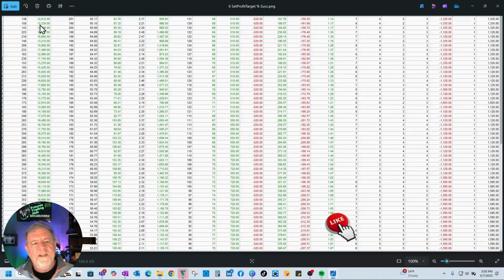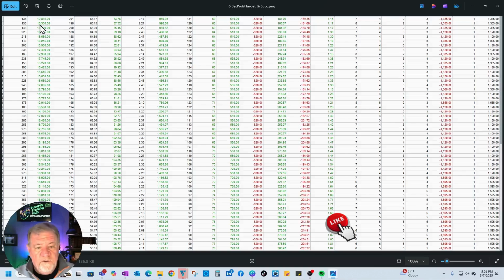So do I want to make $20,000 and be right half of the time, or do I want to make $12,000 in 2 weeks, or somewhere thereabouts, and be profitable 65% of the time, but I'm in less trades, and I have a higher level of confidence that the trade will play out positively. That's what I do, right?